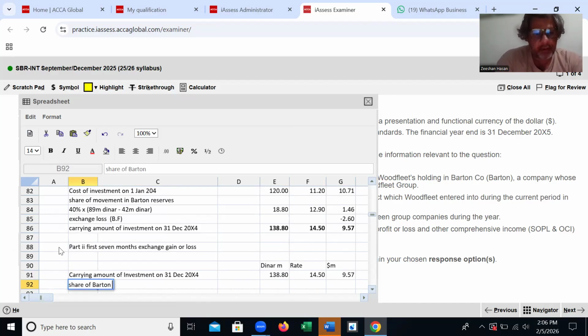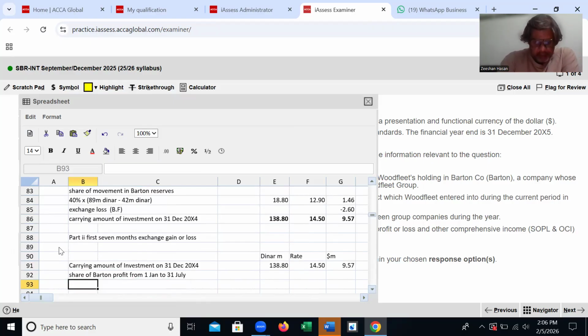Share of Barton profit from 1st January to 31st July, which is obviously the 40% of 23 million dinar for 7 months.